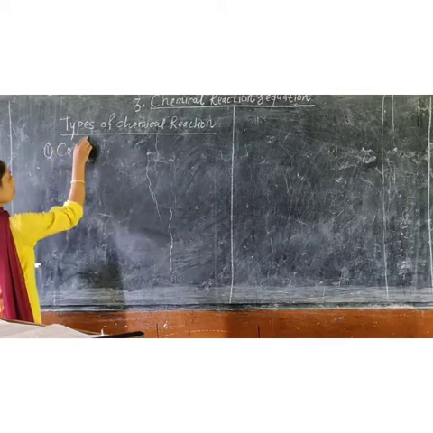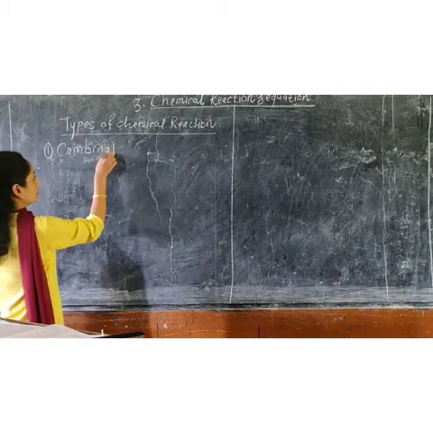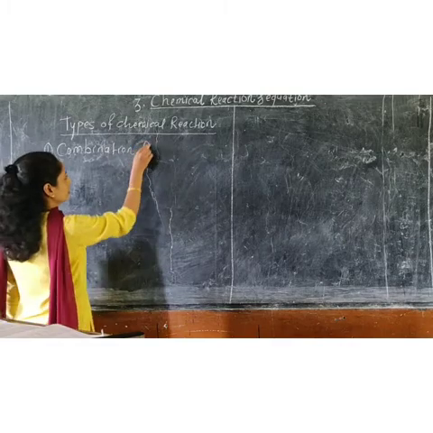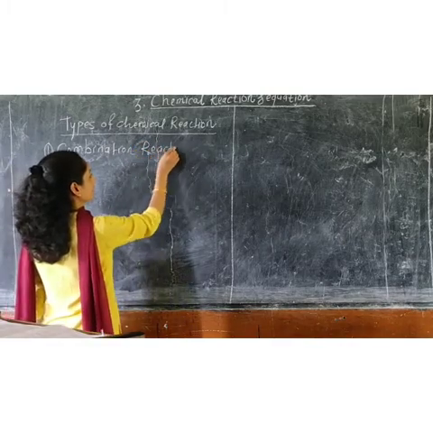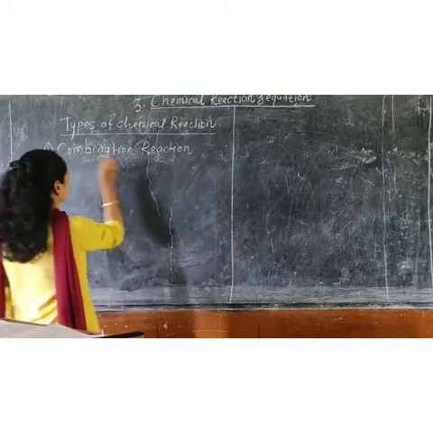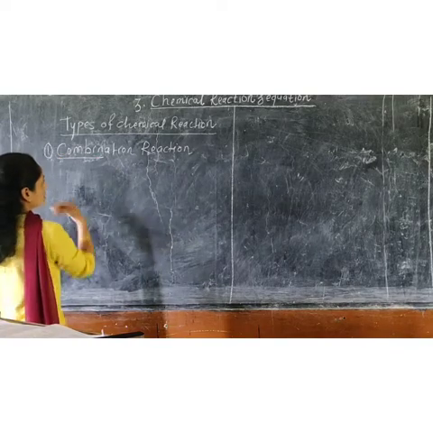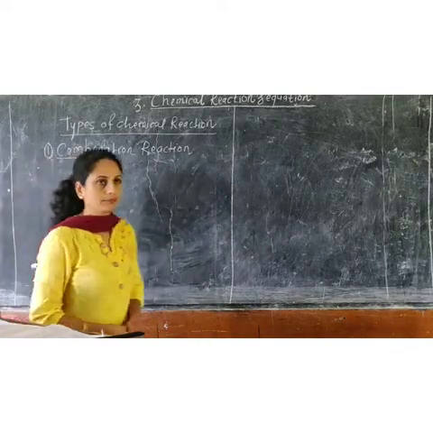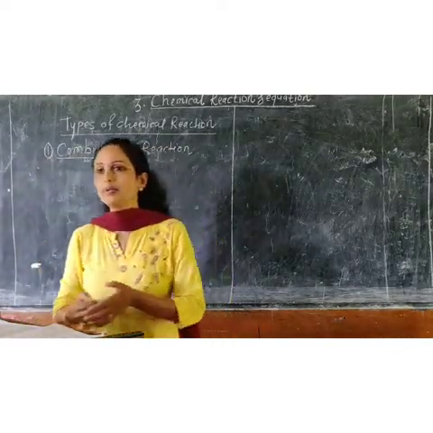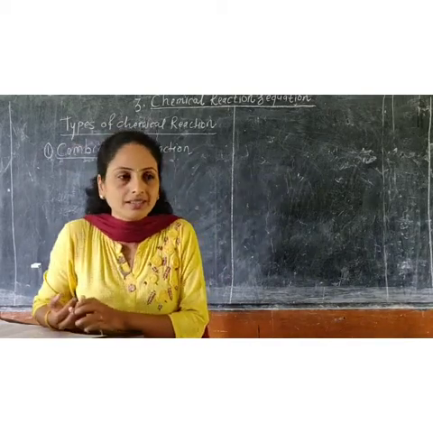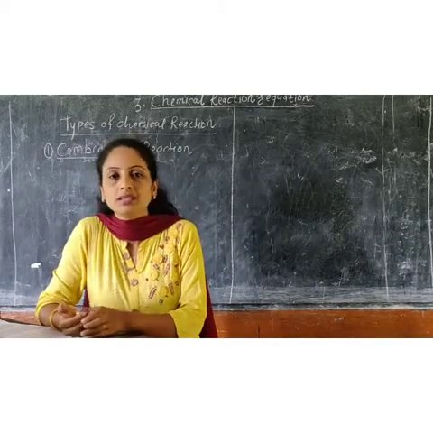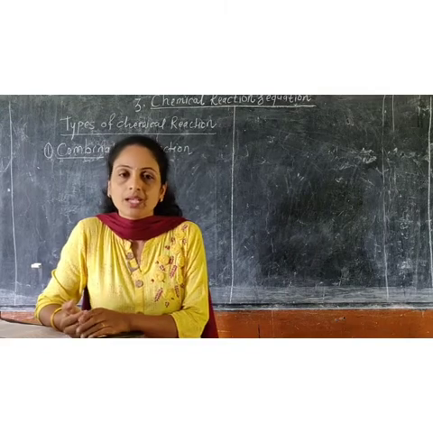So we will quickly start with the first type of reaction, that is combination. Combination reaction. So combination reaction means what? Combination means combined together. Reactants combine together to form a product.